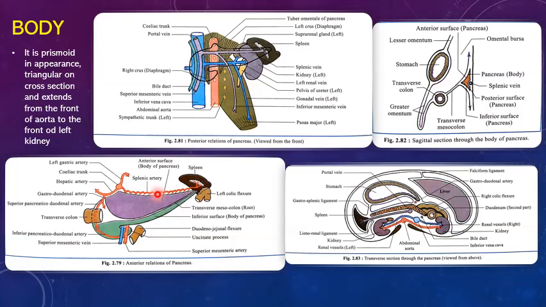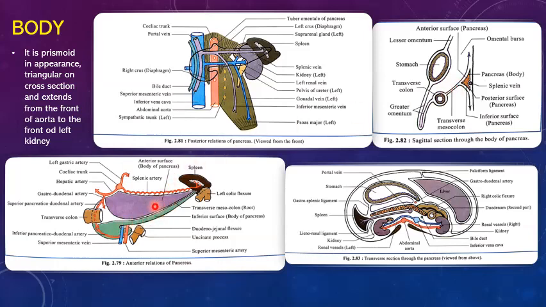Then coming to the anterior border, this is the anterior border. The anterior border separates the anterior and inferior surfaces. This is the anterior surface and this is the inferior surface. So in between them we are seeing the anterior border. It gives attachment to the root of the transverse mesocolon where the layers diverge.